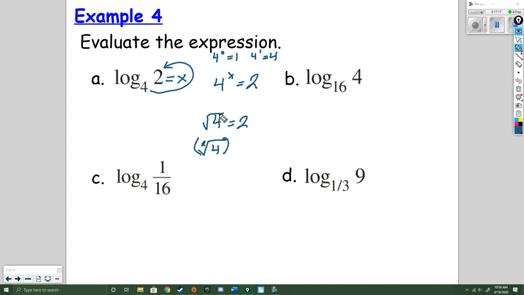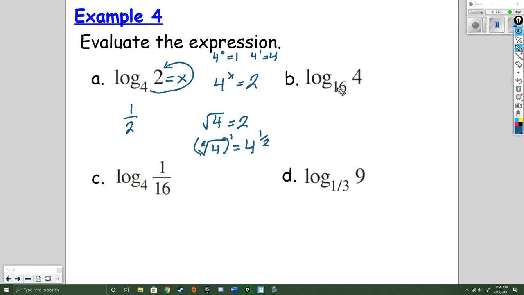When we're talking about the square root of 4, the index implied there is 2. And remember, we could rewrite this in exponential form as 4 to the 1/2 power. All right, so the answer to this question is we could raise this to the 1/2 power to get 2, or in other words, we could take the square root.